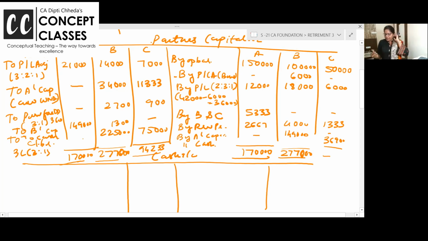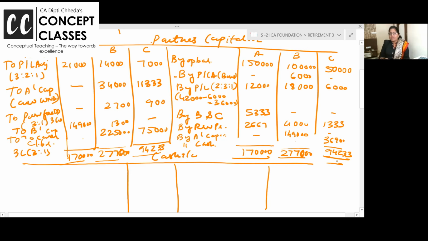Anyone is having any doubt? I want to repeat. I closed A's account by transfer to B, 1,49,000. And now B should take 1,300 cash and C should bring 94,233.